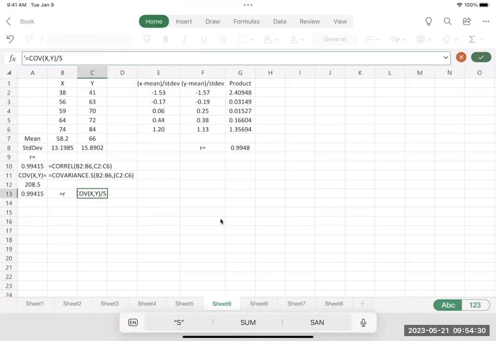It's annoying. I'm just gonna put the numbers in. So because of the rounding, it's going to be slightly different, but I hope you understand what I'm trying to do here.